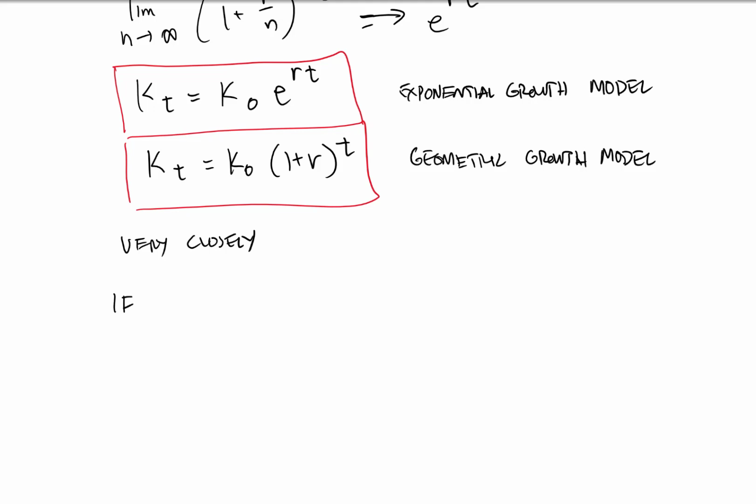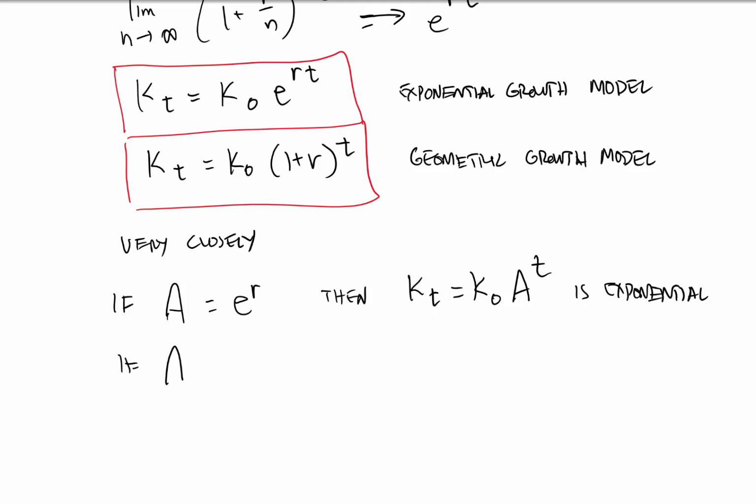If A equals e to the r, then we can say K(t) equals K0 a to the t is exponential, and if a equals 1 plus r, then K(t) equals K0 a to the t is geometric.